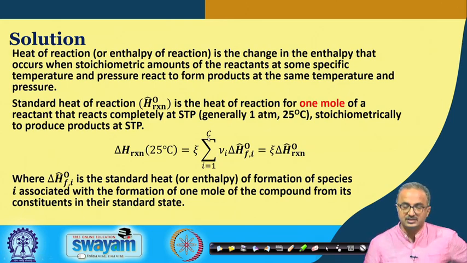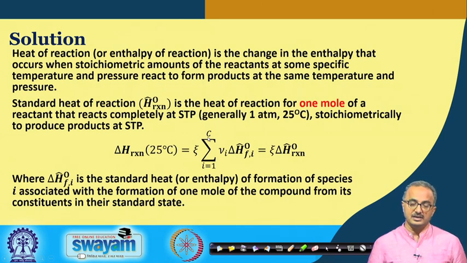Here C represents the total number of species in the system, consisting of both reactants and products. Ultimately, we get this relationship between the heat of reaction and the standard heat of reaction.